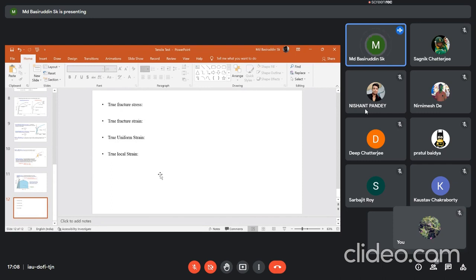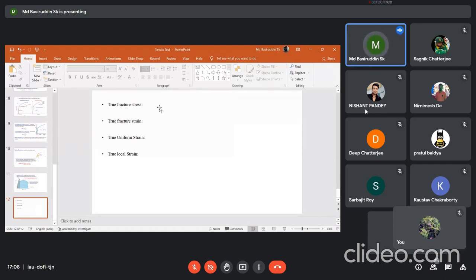So roughly you can represent the true fracture stress by determining the fracture load divided by the cross-sectional area measured at that particular load level. So you have to measure it manually or mechanically, and then you are able to find out the fracture stress.